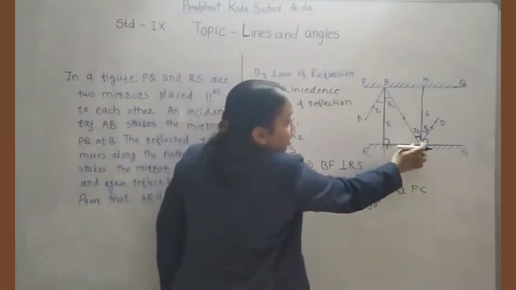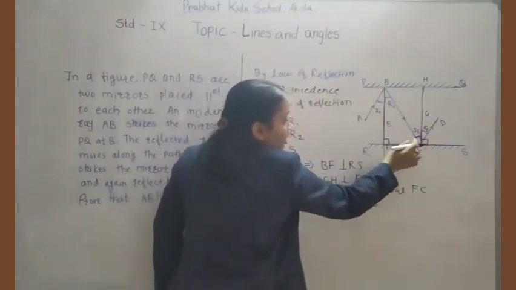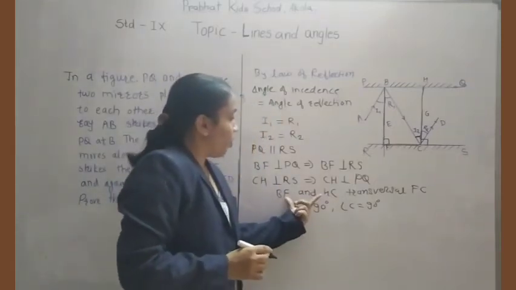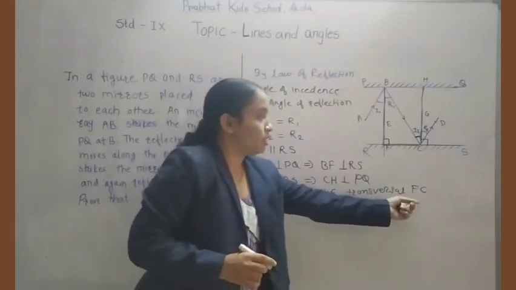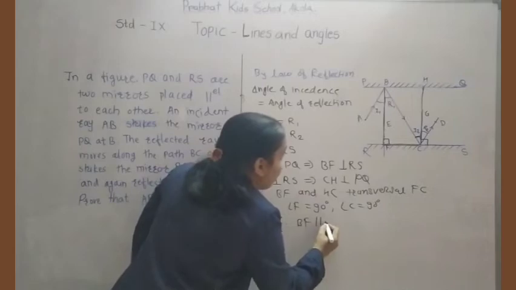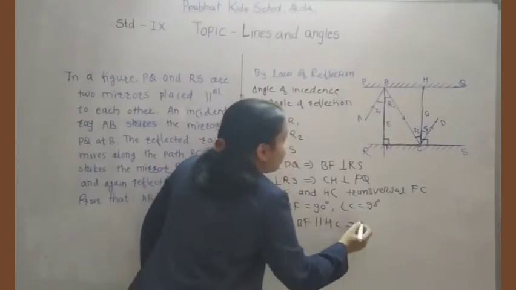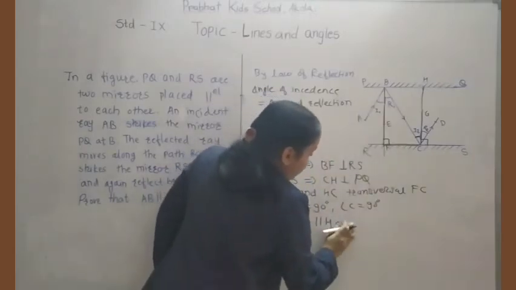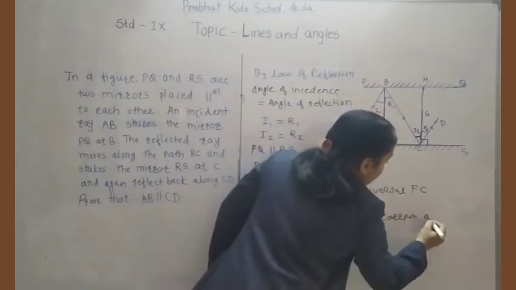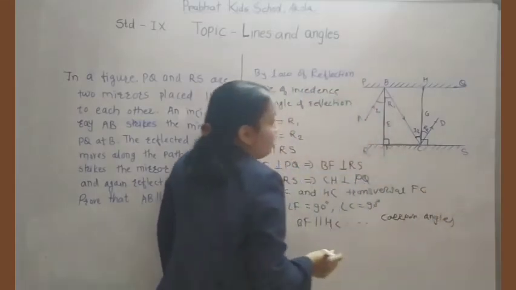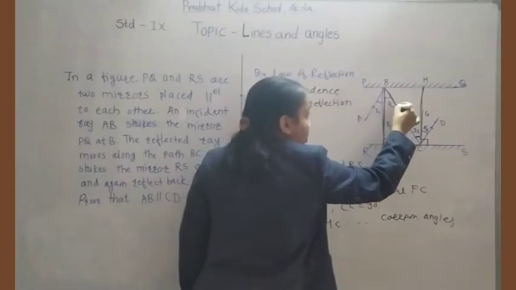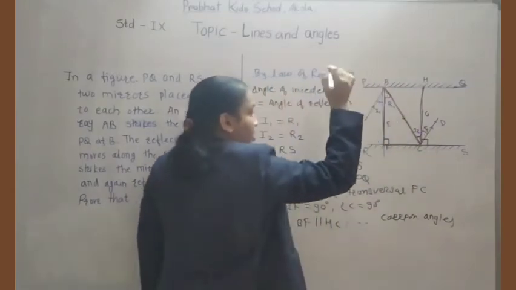But these are corresponding angles, and corresponding angles are equal for BF and SC by transversal FC. Therefore, BF is parallel to SC. This implies, by the corresponding angle axiom, that these two lines are parallel.